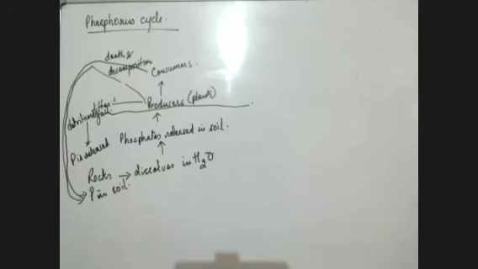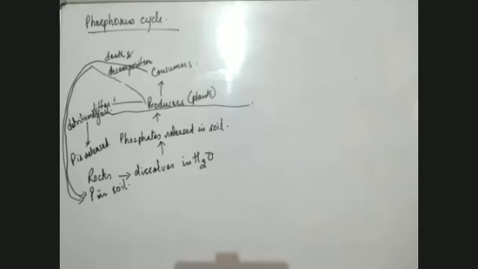At the same time, the plants go through litter fall, the falling of twigs and leaves. When they fall, they are acted upon by detritivores like earthworms, which break them into detritus, small fragments. This fragmentation also releases phosphorus in the soil. So this is how the phosphorus cycle goes on.